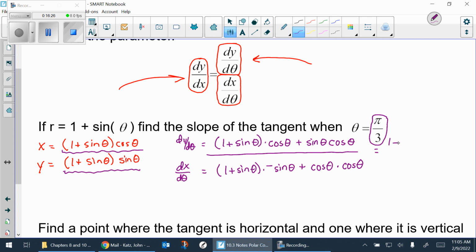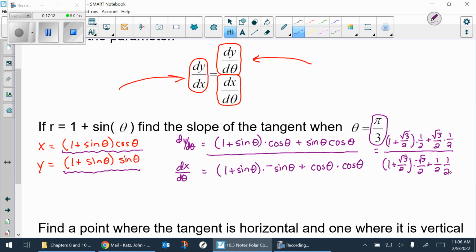We'd have 1 plus square root of 3 over 2, times the cosine, which is 1/2, plus the sine, square root of 3 over 2, times the cosine, which is 1/2, divided by 1 plus square root of 3 over 2, times the opposite of the sine, negative square root of 3 over 2, plus the cosine, 1/2, times the cosine, 1/2.